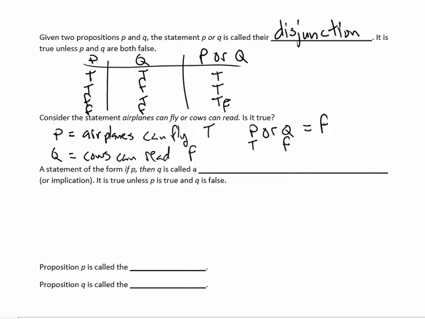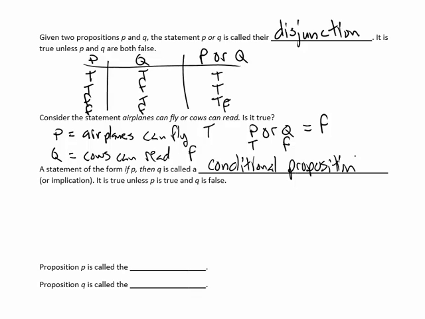Okay, a statement of the form if P then Q is called a conditional proposition, or implication. It is true unless P is true and Q is false.